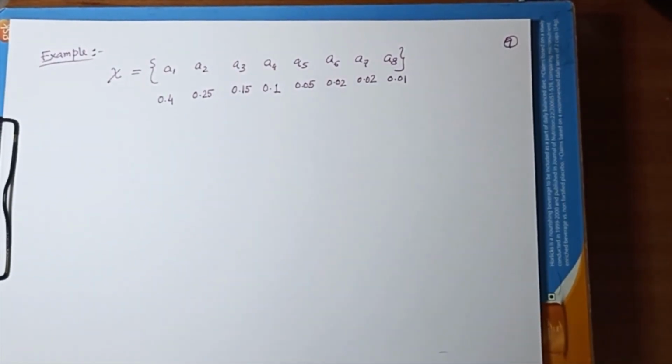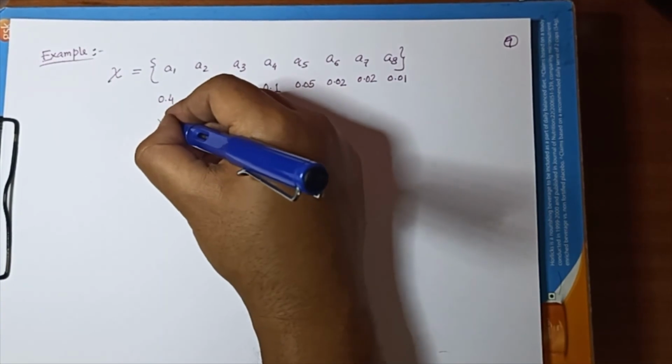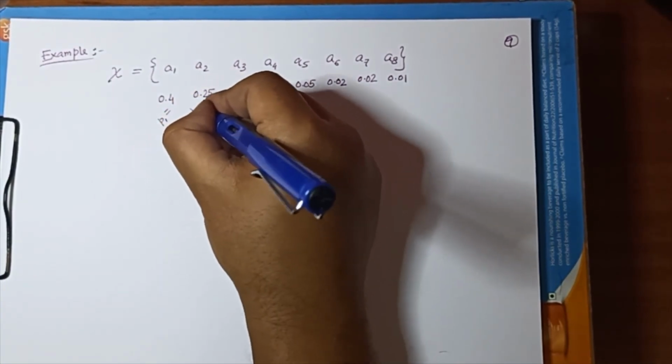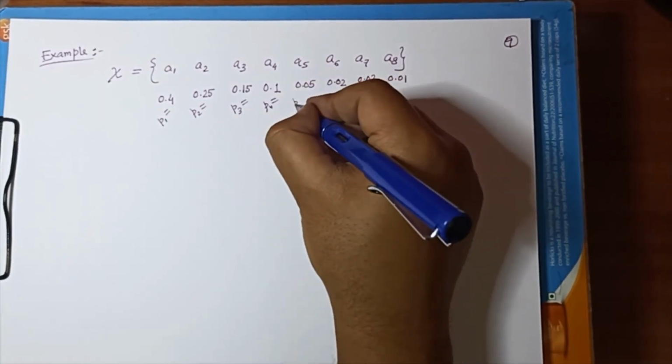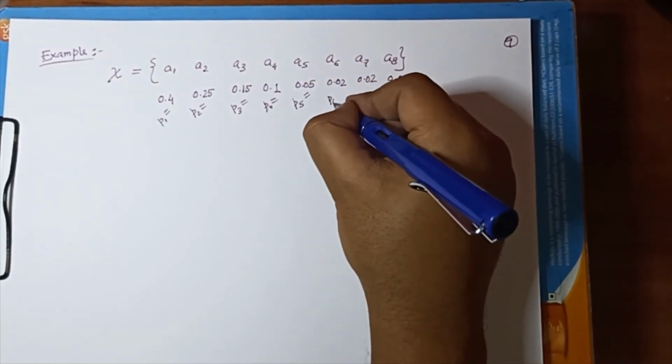These are the probabilities. This is P1, P2, P3, P4, and I have written them in a non-increasing way, as you can see.